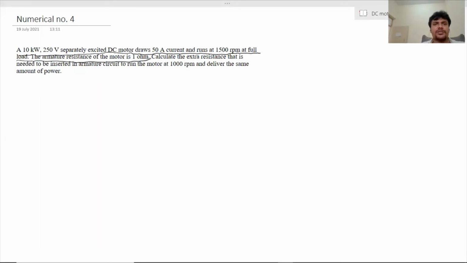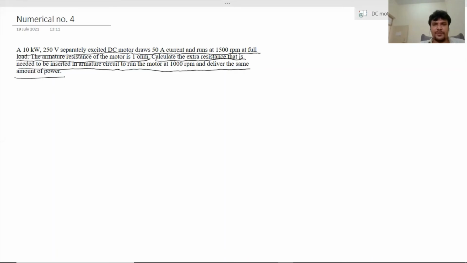What is the question now? Calculate the extra resistance that needs to be inserted in the armature circuit to run the motor at 1000 rpm and deliver the same amount of power.